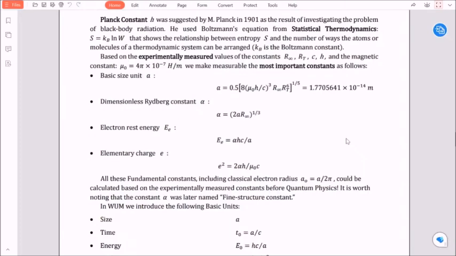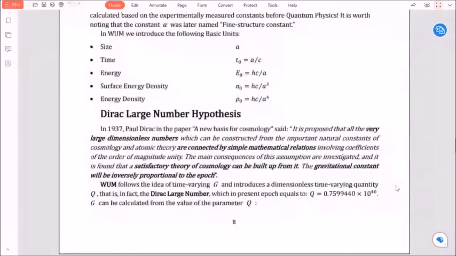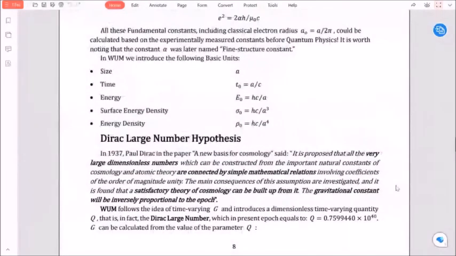Dimensionless Rydberg constant alpha, electron rest energy, elementary charge e. All these fundamental constants, including classical electron radius a0, could be calculated based on the experimentally measured constants before quantum physics.